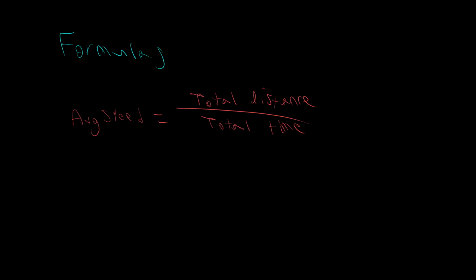We have that average velocity, which is notated by this, is equal to the displacement in x. So the displacement over the change in time, the change in x over the change in t.